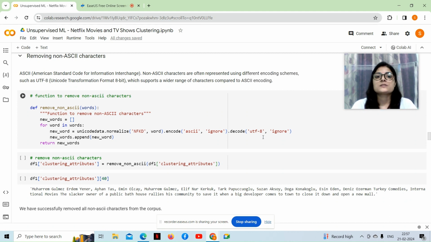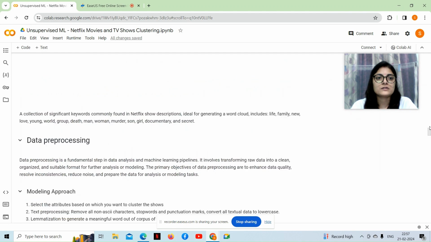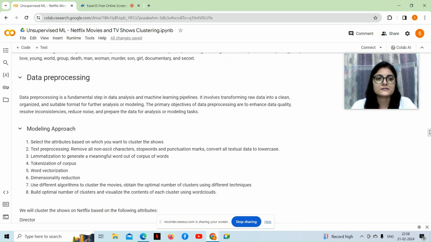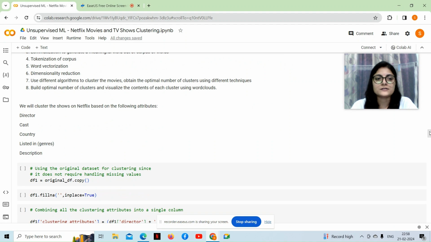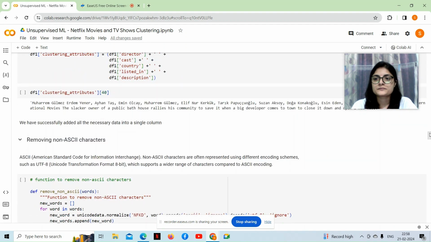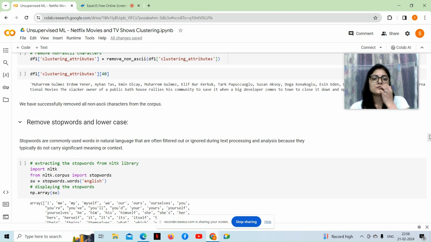They support a wider range of characters compared to ASCII encoding basically. Because we already talked about these characters, like punctuation marks, articles. Okay, so we have successfully removed all the non-ASCII characters.